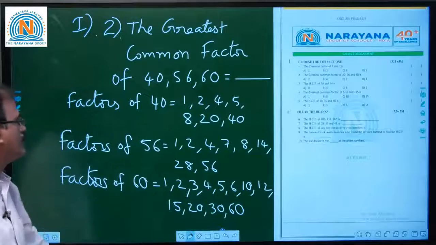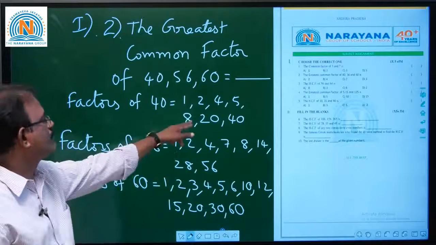So these are all factors of 60, factors of 56, factors of 40.